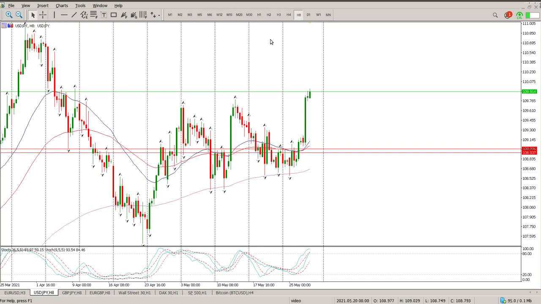Now look what's happened on the US dollar Japanese yen. So we were just bouncing around here. I remember yesterday I said to you, or most of the week, just wait for something to happen here, because it could be continuation to downside, or alternatively we could hold this trend line, well not trend line, sorry, the moving average for a bounce to the upside. And look what happened. We had a massive move up.